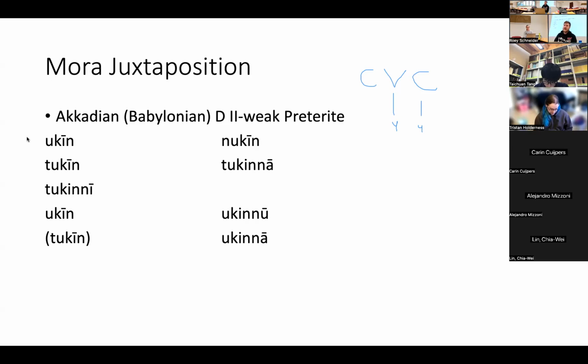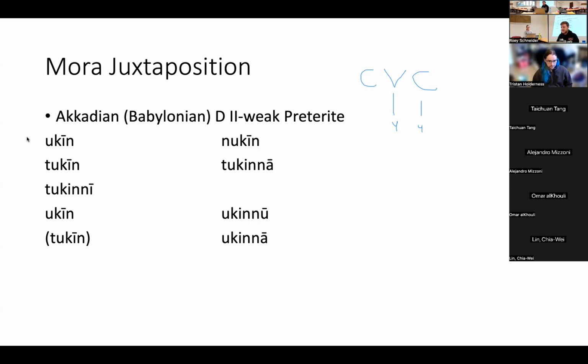So the forms that have no suffix have a long vowel, and the forms that do have a suffix have a long consonant. So this can be considered as some kind of compensatory lengthening: if you don't want to lengthen the last consonant, you can instead lengthen the vowel.